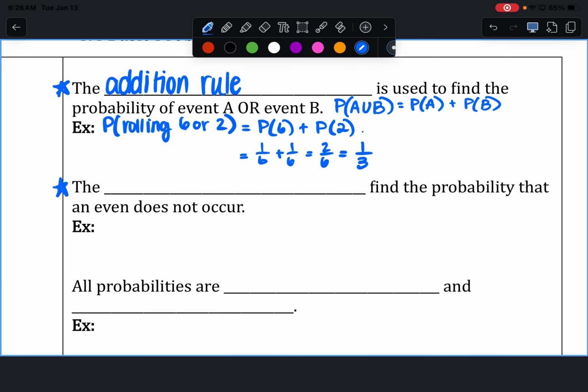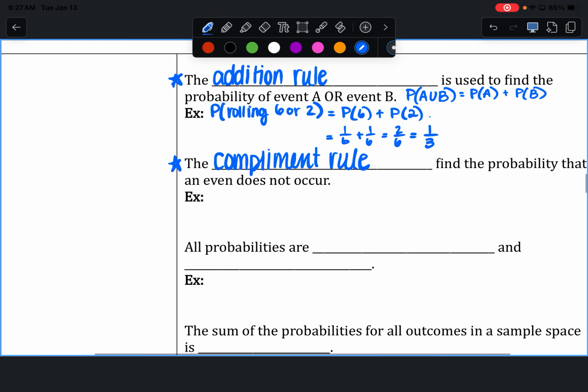Now, in a mutually exclusive condition, the complement rule helps us to find the probability that an event does not occur. So we can do this by saying, to find the probability that it is not event A, we can say 1 minus the probability of A. Or we can do the opposite.